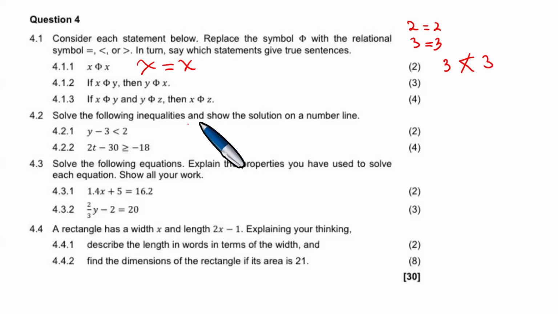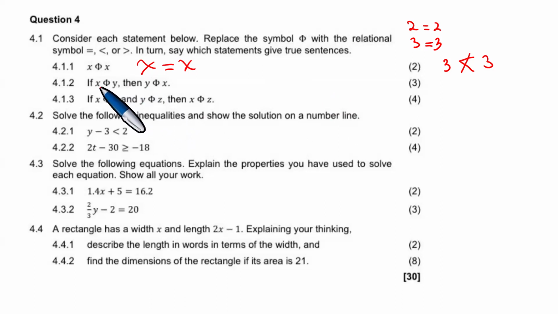Next question. In 4.1.2, with x phi y, what can you say about y phi x? What I want us to do is to be in a position to put the correct symbol here.